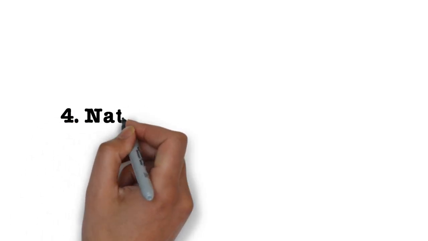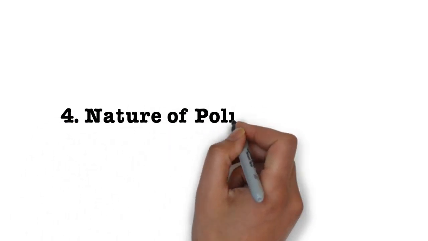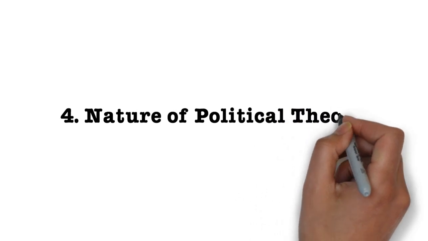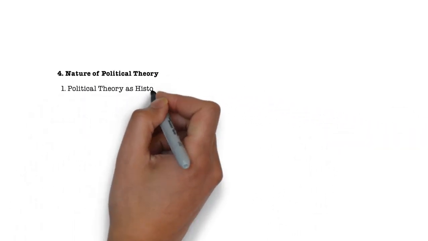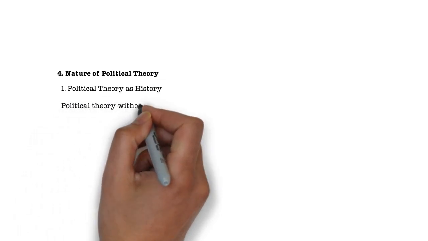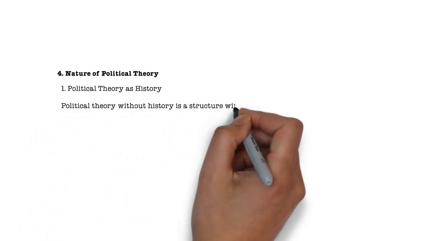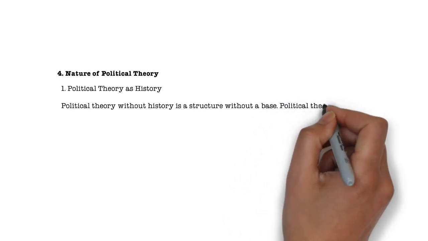Moving on, our fourth section is the nature of political theory. Under this, we have political theory as history. Political theory without history is a structure without a base.